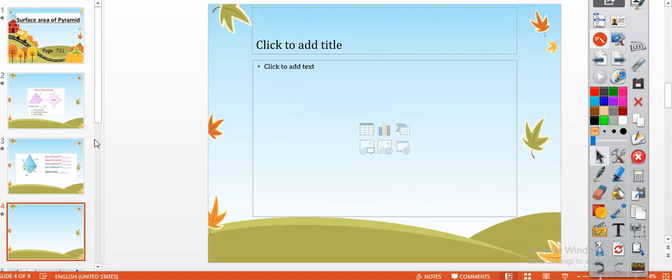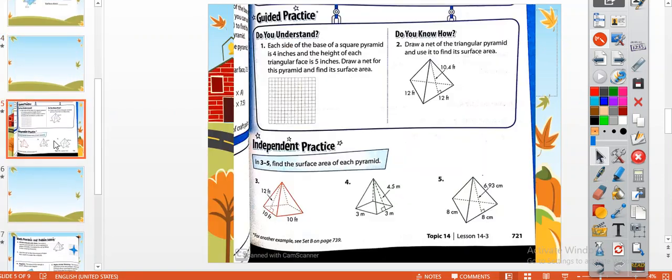Let's see how we are going to apply this in our lesson today. This is page 721, and you have to calculate the surface area of this pyramid. Now here he said draw a net for it to find the surface area. Well, I know in advance that this pyramid has 4 equal sides.